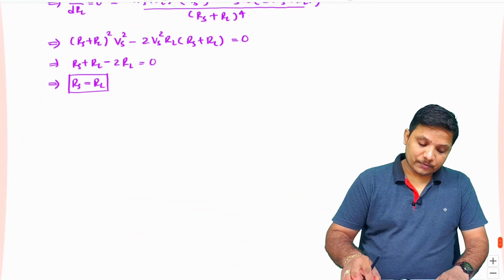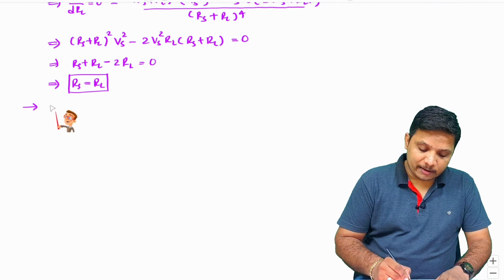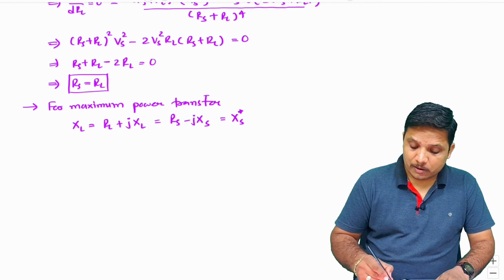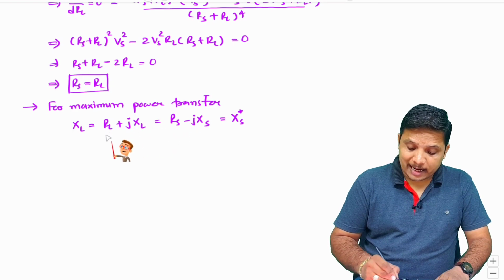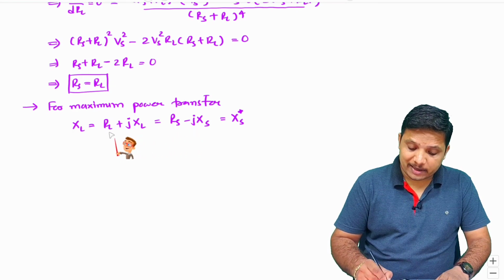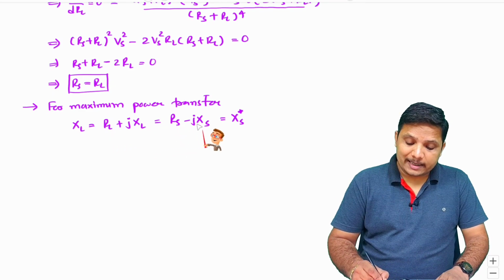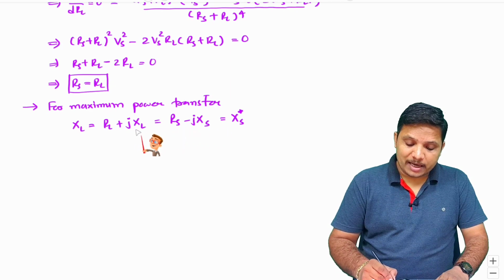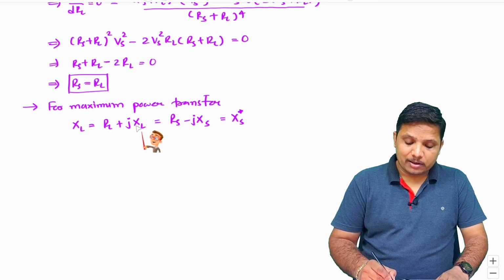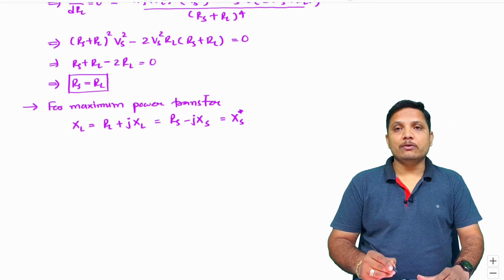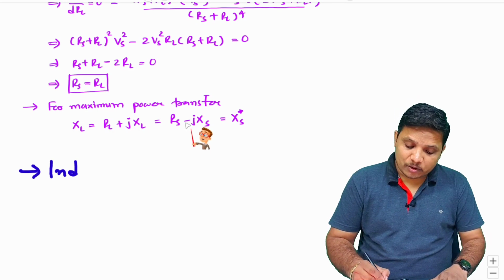So here let me give you some brief idea about the meaning of it. The basic meaning of this is that the resistive element will remain the same, right? But if your source is inductive, then your load should be capacitive, and if your load is capacitive, then you will have to have an inductive source. Why? The reason is that the complex conjugate is there.